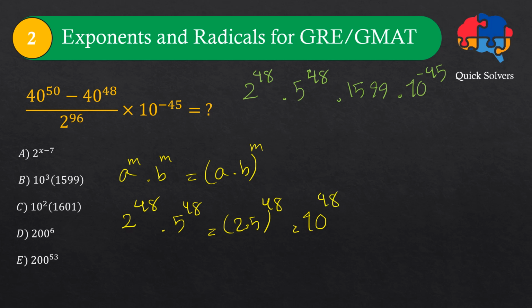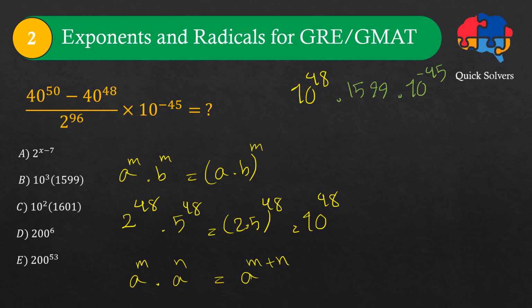And this is very important. I will replace this part with 10 to the power of 48. Now we have 10 to the power of 48 times 10 to the power of minus 45. Applying the rule that we discussed before, when we have a to the power of m times a to the power of n, this equals a to the power of m plus n.